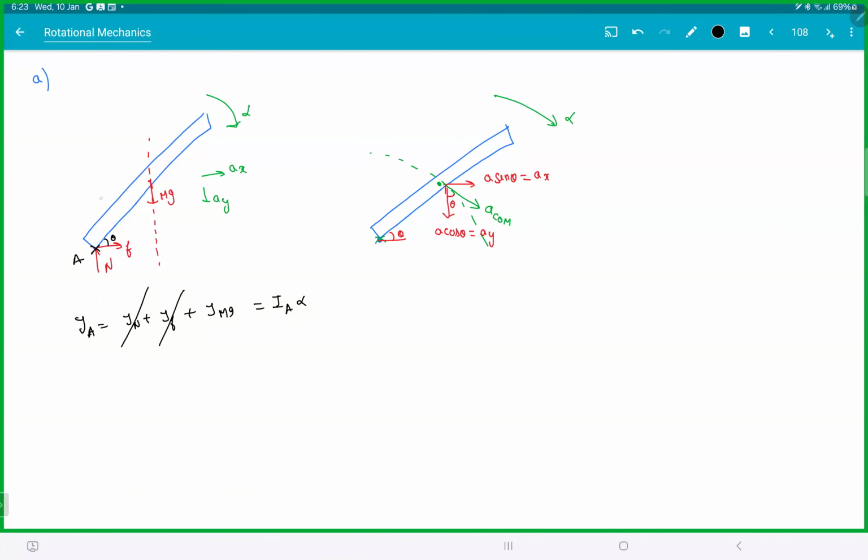This is theta, this is L by 2. So this perpendicular distance will be L by 2 cos theta. Isn't it? So the torque will be mg L by 2 cos theta. Moment of inertia for a rod about the end will be ml square by 3, times alpha. You should know your moment of inertia results. So alpha will be 3g by 2l cos theta.